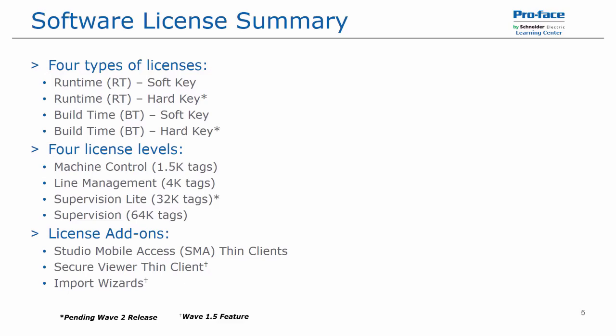There is a demonstration runtime that will run for 72 hours and then it will have to be restarted. Conversely, if you license the software for a runtime, none of the development side, none of the build time will be available to you. So only the available features and functions determined by the license will be available to you. However, the entire software is installed.